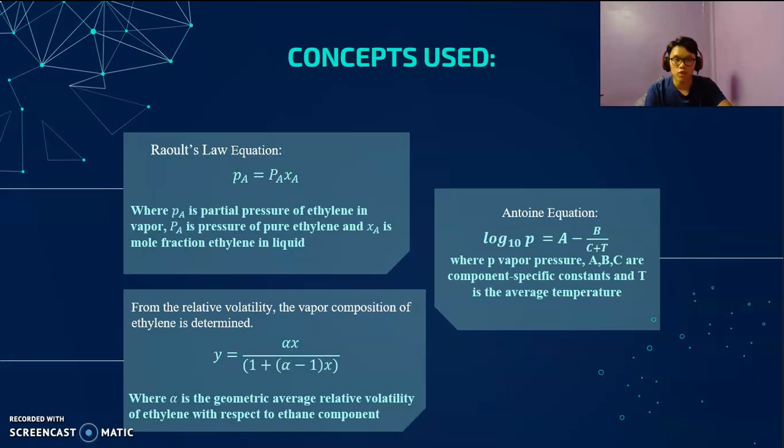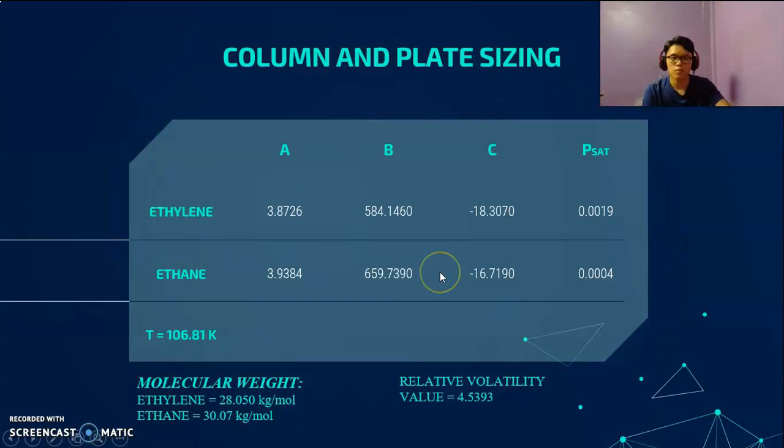And for the relative volatility, we can get the composition of the vapor of ethylene. This is the relative volatility, and I will show you how we get it next. This is the A, B, C constants for ethylene and ethane. We got these values from Google, and the temperature is in Kelvin.